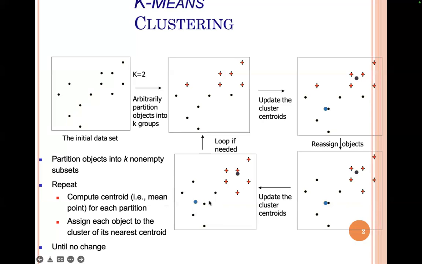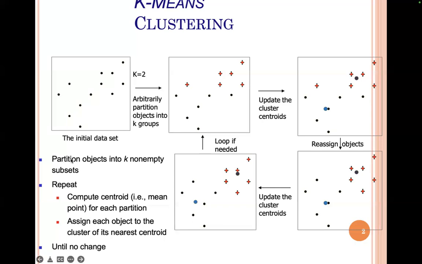So whenever the distance of a data point, say x1, is less to cluster C1, but earlier it belonged to cluster C2, now it should be assigned to C1, because the distance from that data point x1 to the centroid of cluster 1 is less. So you can see here, compute the centroid, that is the mean point for each partition, and assign each object to the cluster of its nearest centroid until no change.